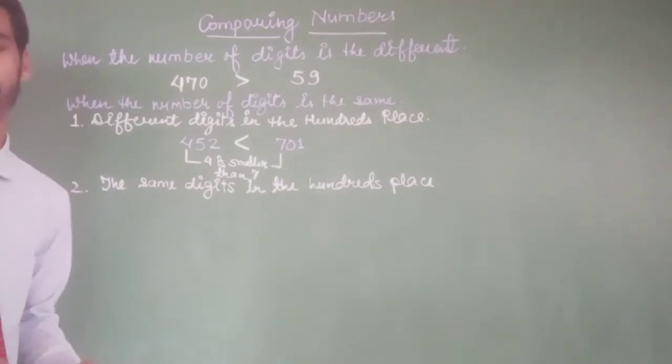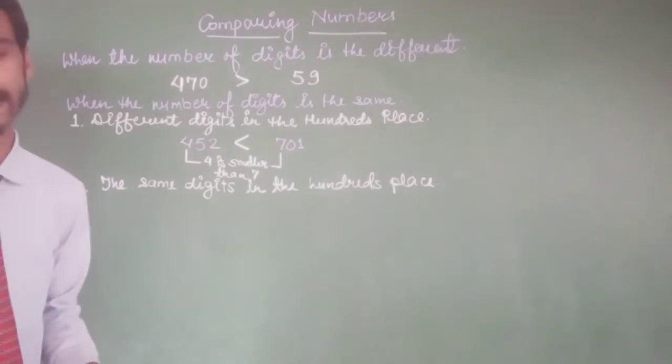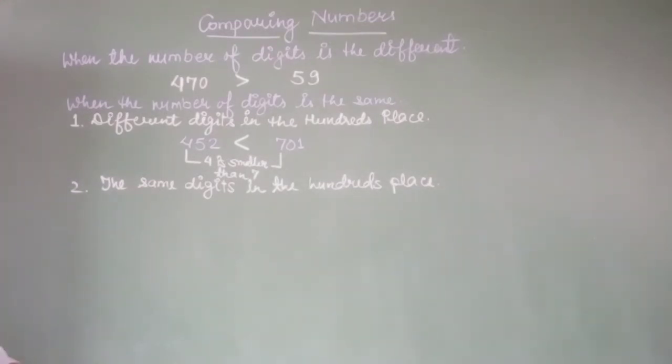Shohan writes 642 words and Mohan writes 617 words on a page. Who writes more words on a page?